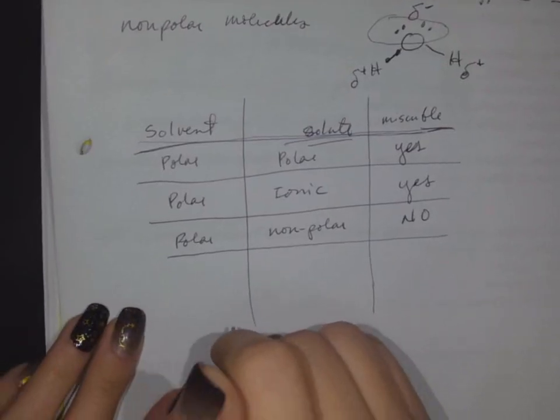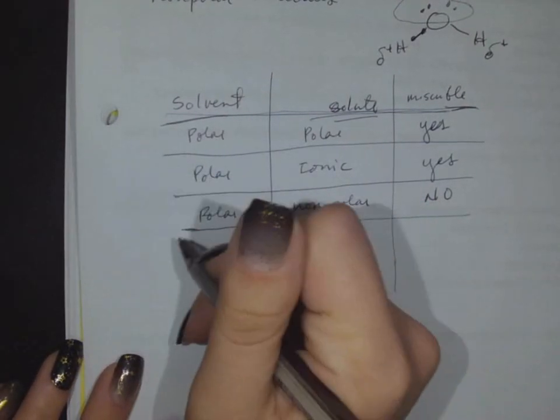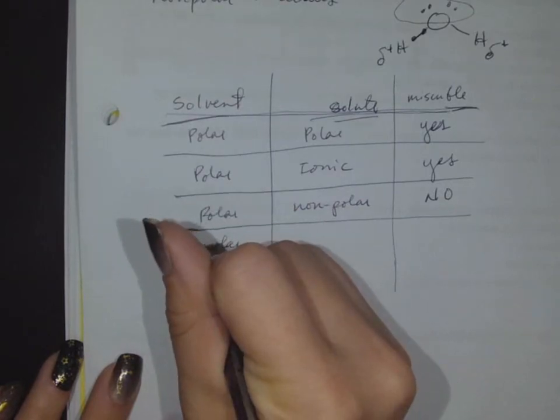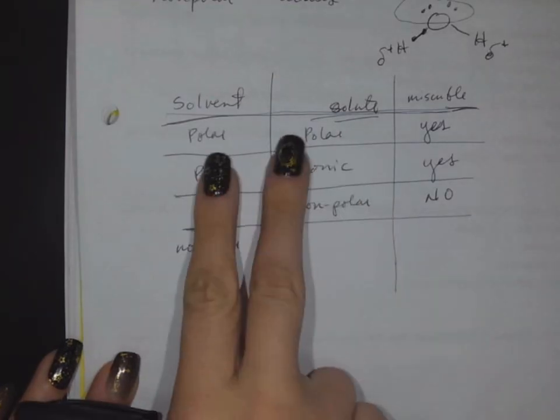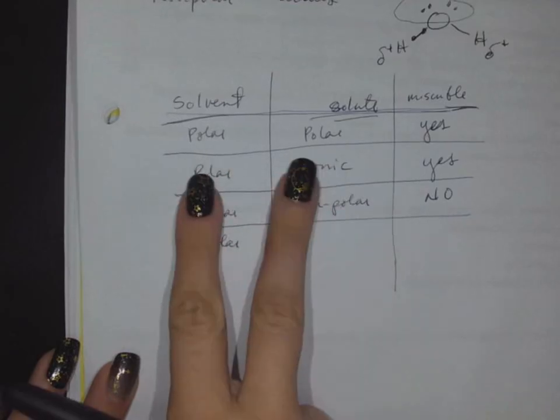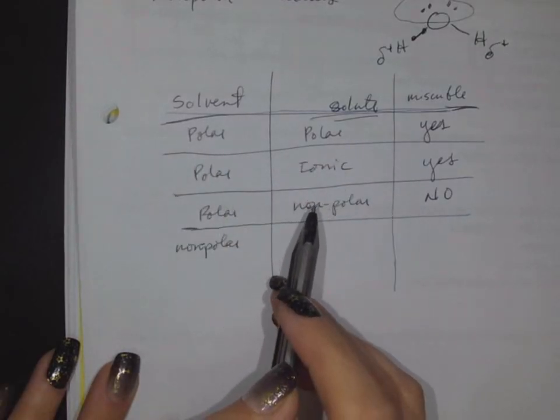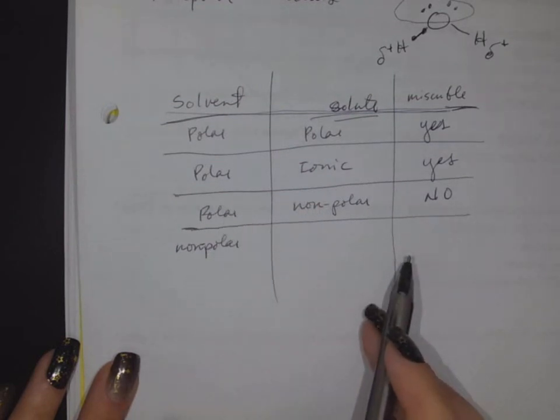Now let's switch over to non-polar. So what if we have a non-polar solvent? We already know from the previous one, because these could absolutely just switch spots, that if it's a non-polar solvent and a polar solute, then it's not going to be miscible.